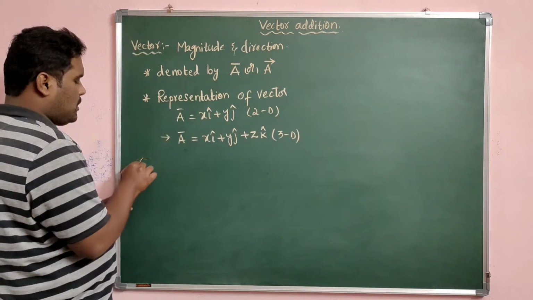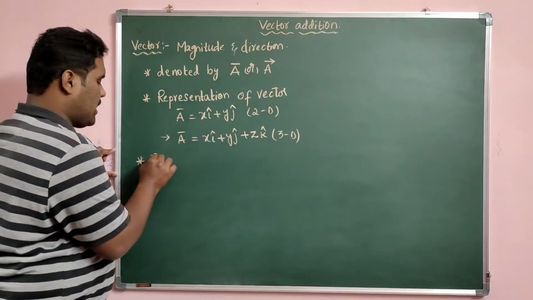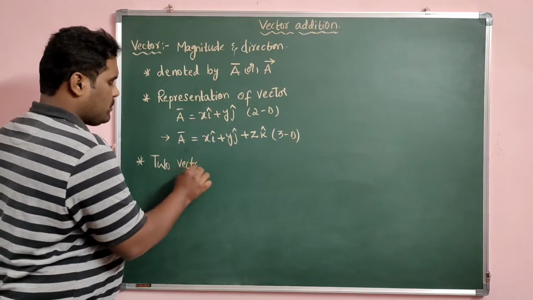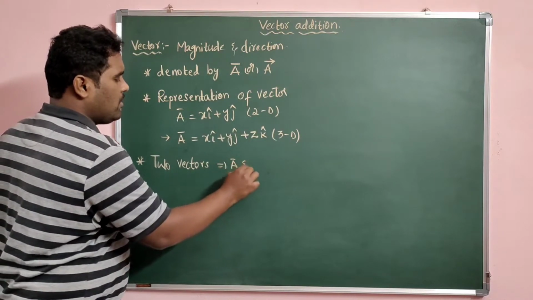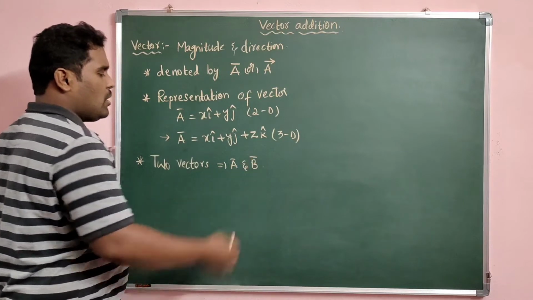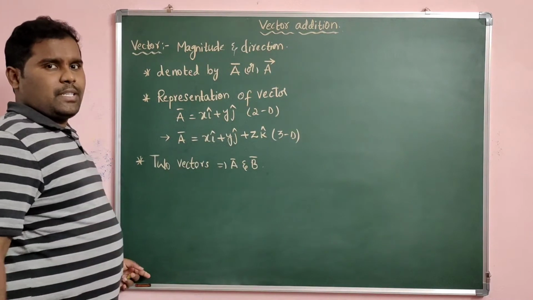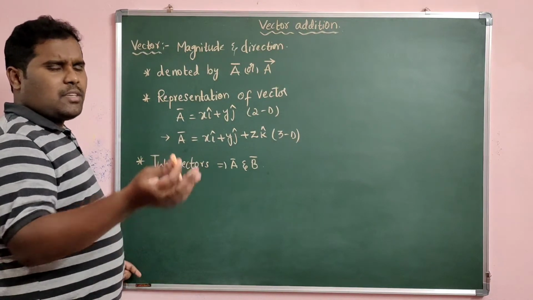If, for example, we have two vectors, namely A bar and B bar, and you want to find the resultant of these two vectors. Understood? Resultant means it could be either an addition or a subtraction.